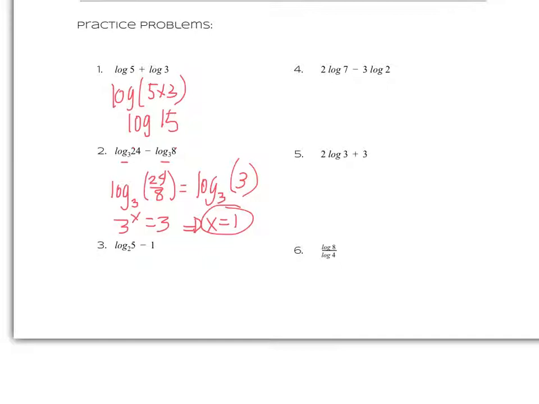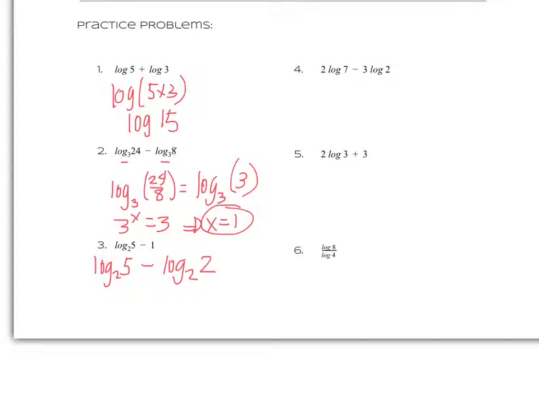Okay, so we take a look at this next one. We have log base 2 of 5 minus 1. Well, we need to get them to be in the same base. So we want to write something where it says log base 2. Well, this only happens, as we can see from above, if this number is 2.